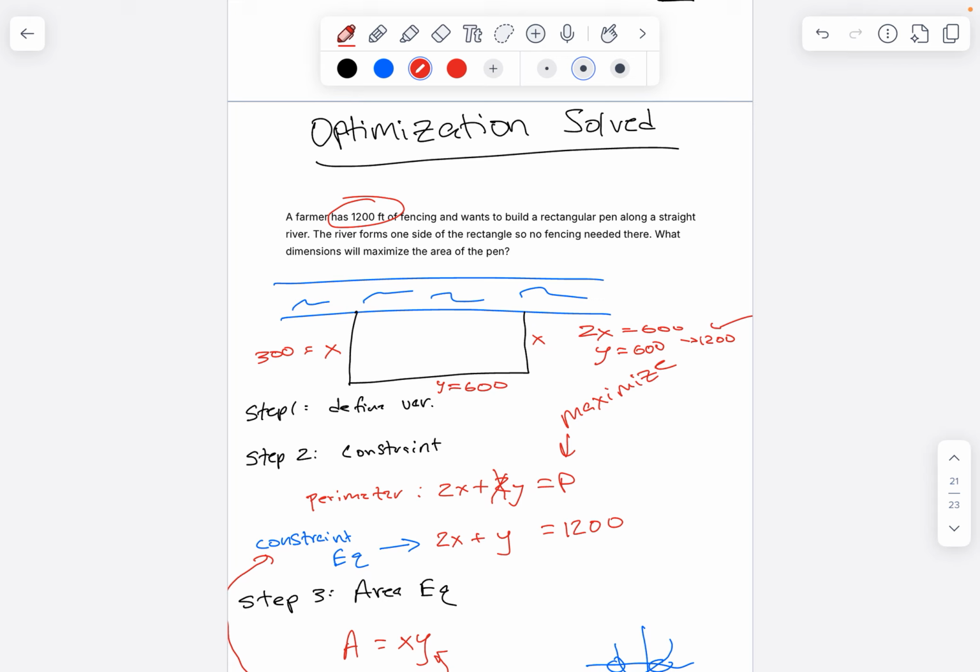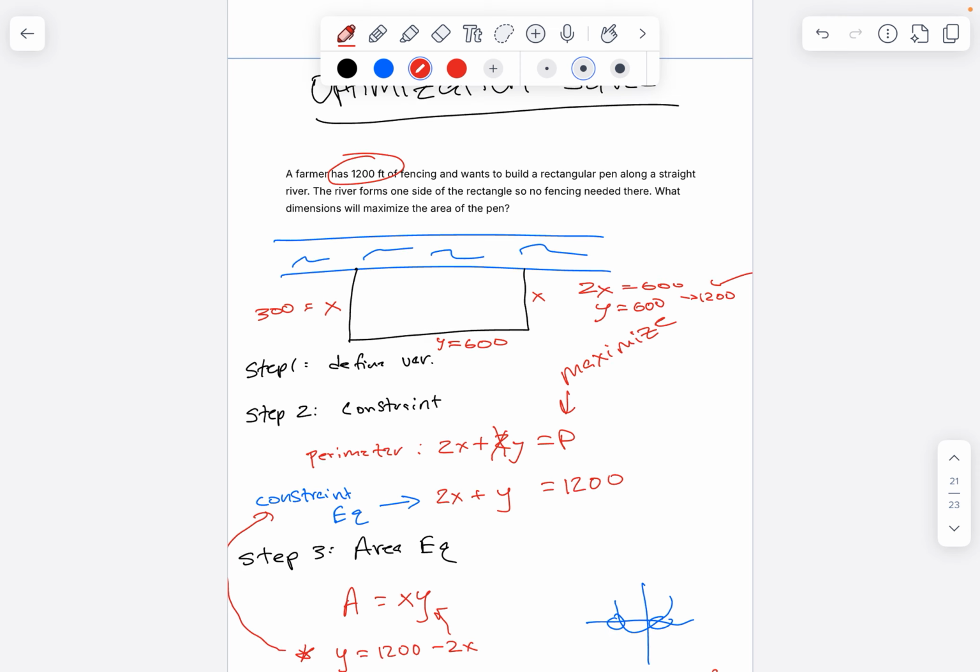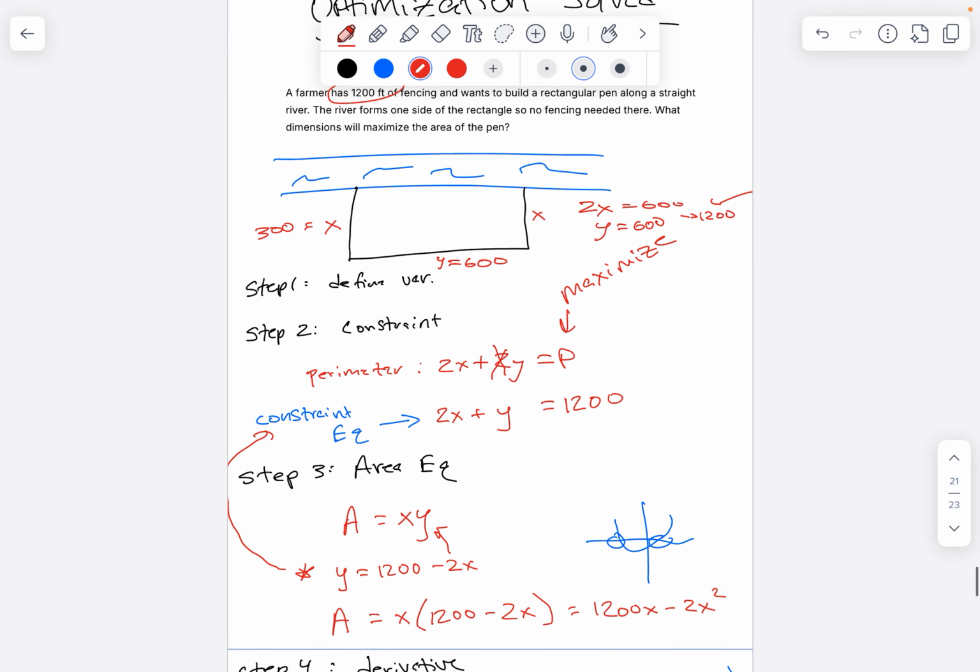So, some final remarks. The key to optimization word problems is, first, draw a picture and make it clear what you're solving for. Define your variables and write your constraint equation. What is the limiting factor in this whole process? Write the quantity you want to maximize, in this case the area.